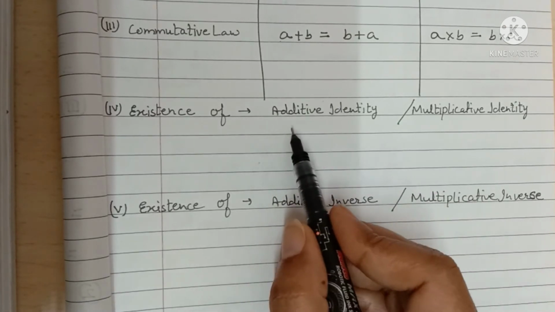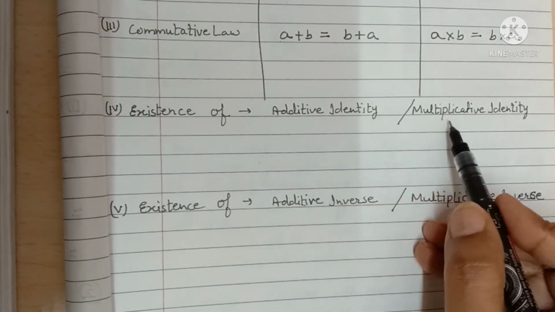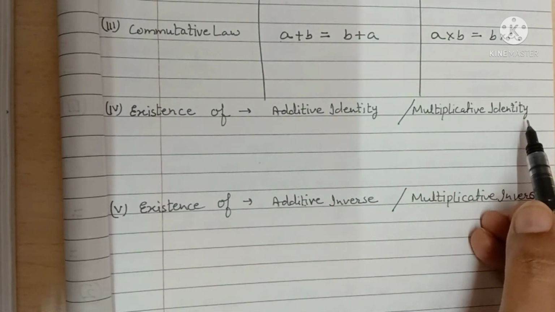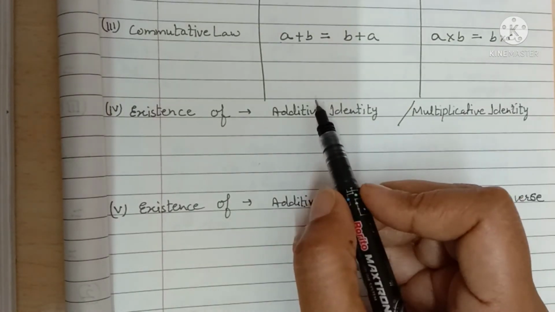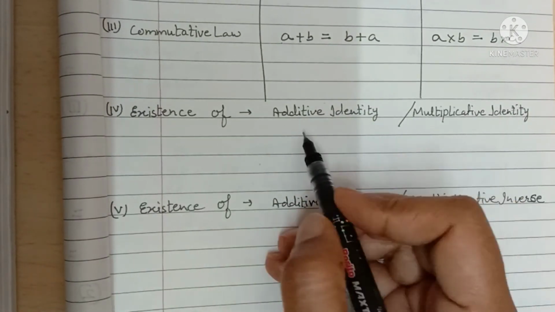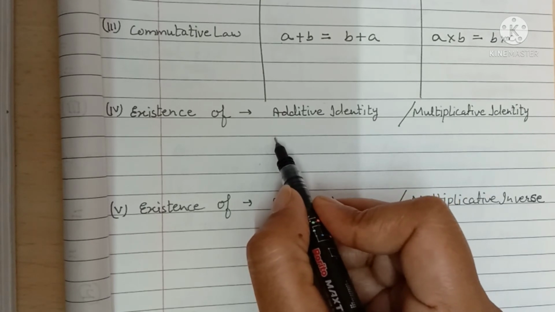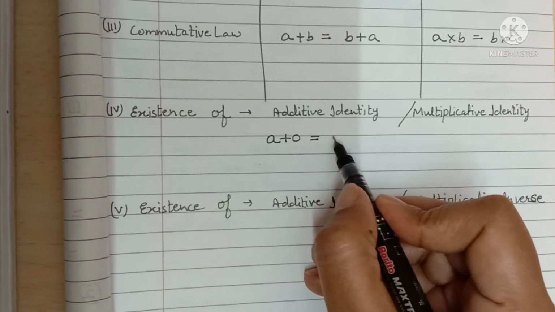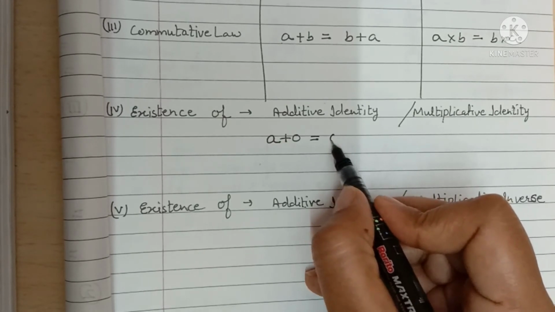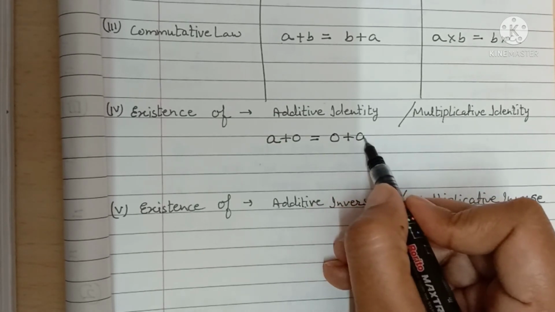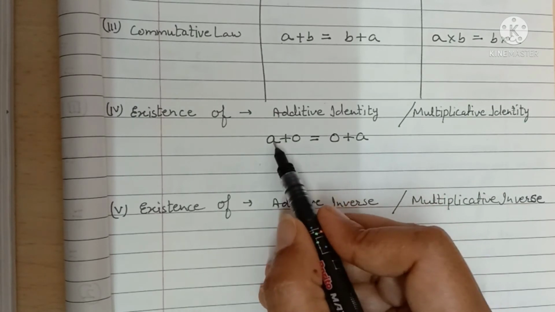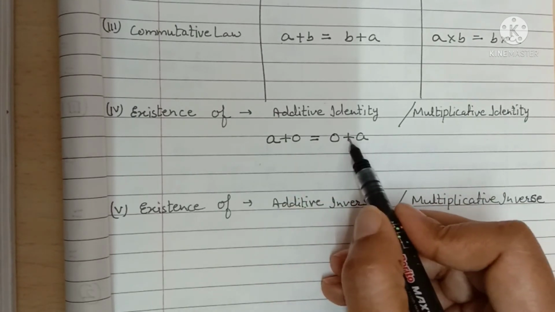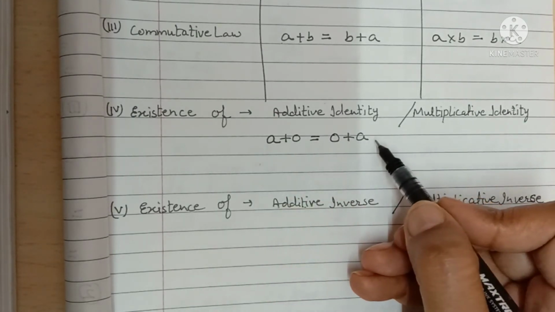Now existence of additive identity and multiplicative identity. 0 is a real number. So when we add 0 in A, A plus 0, we get the same number as when we add A in 0. The result will be the same.